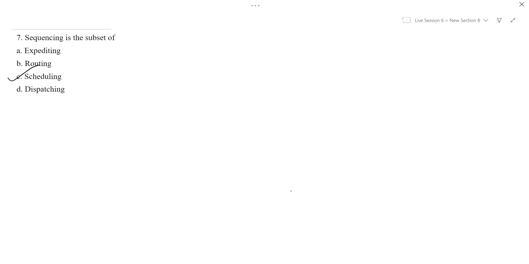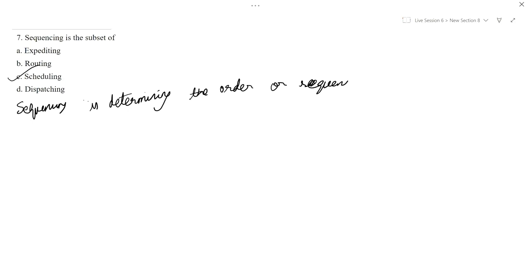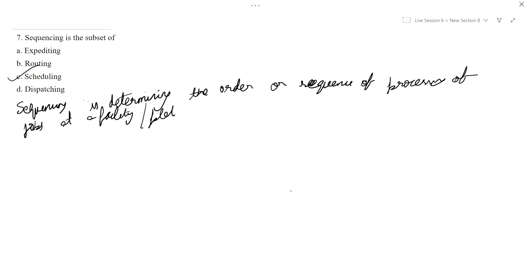So sequencing is determining the order or sequence of processing of jobs at a facility or plant or machine.